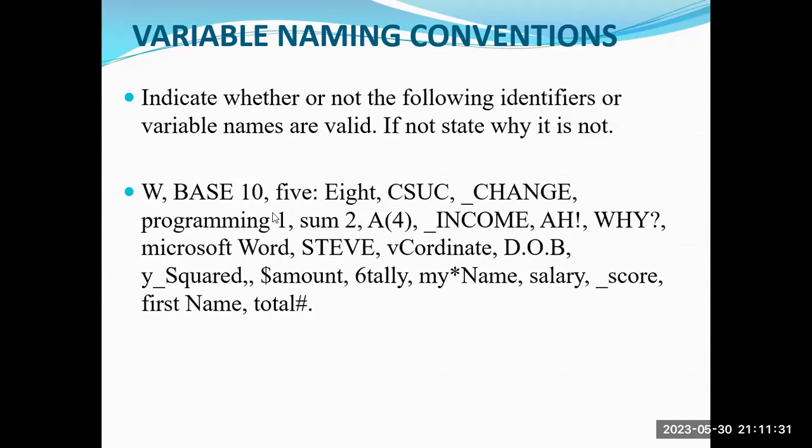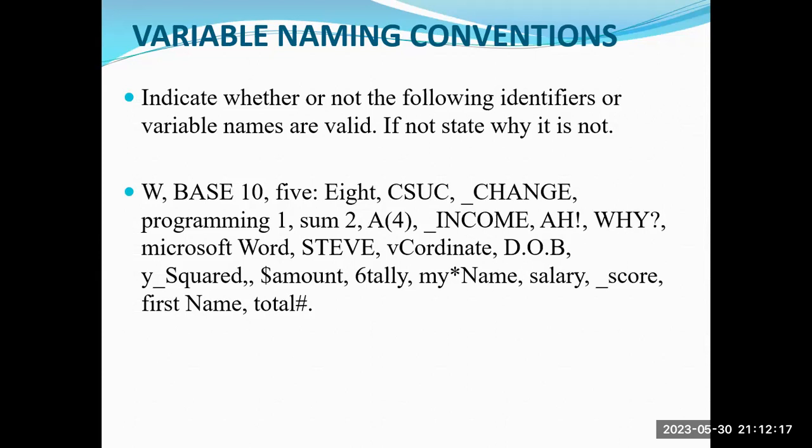Mr. David, is base 10 valid or invalid? Okay, Mr. David is also not responding. I've told you, if you can't speak, text, chat it. So I know that you are chatting. So at least maybe you can give your answer in the chat. Other than that, I take it like you are not online.